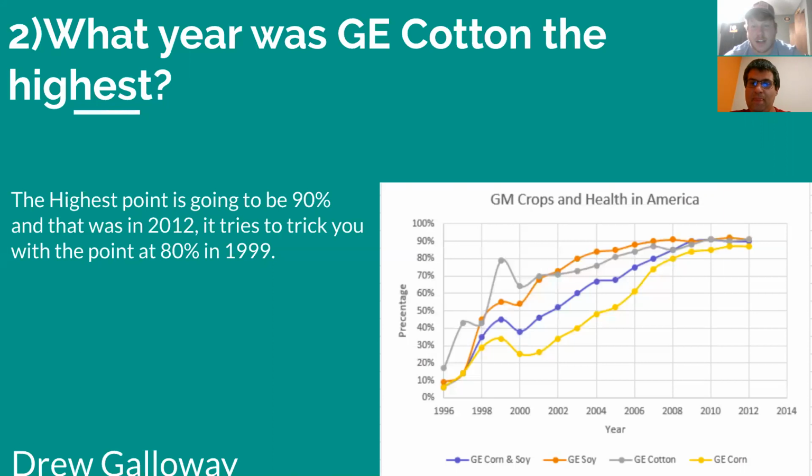But that's actually not it. If you continue to look down to 2012, you'll notice that it goes past the 80% and hits 90%. Yeah, they try to trick you with graphs like this. They give you a lot of information in a little bitty spot. Oh yeah.